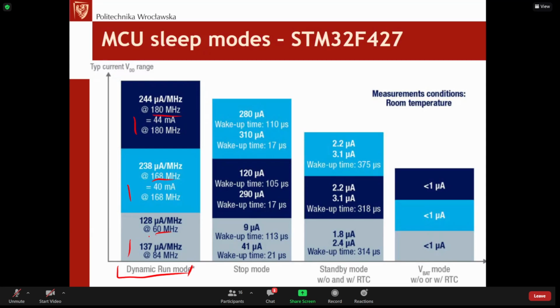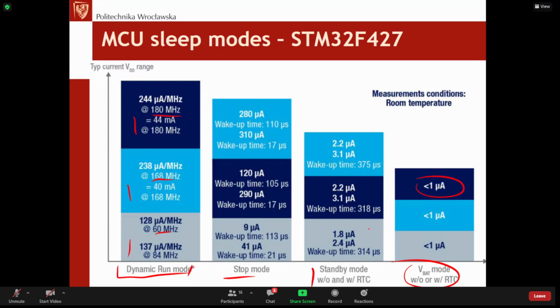Here we have stop mode instead of idle, and standby mode, and battery VBAT mode. In case of the lowest power mode, the backup mode here, take a look at the value.